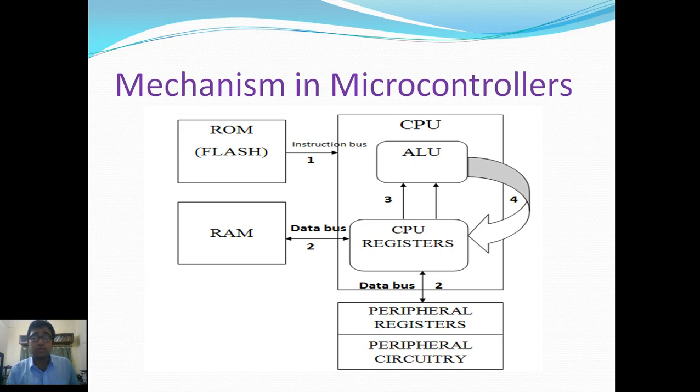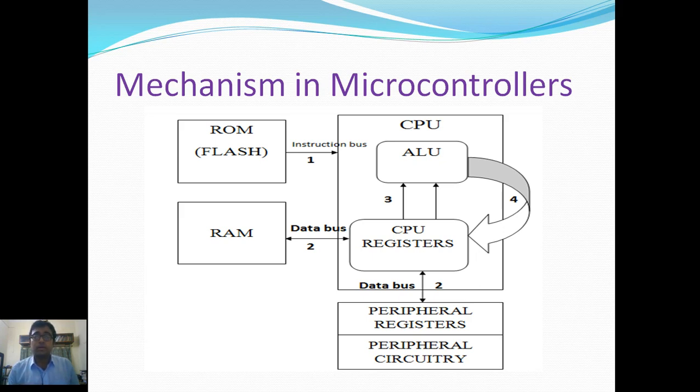It doesn't mean that we always have to use a peripheral device, but if it is required, we connect the CPU register with the peripheral register of the peripheral device through a data bus, and data goes in and out. It is not a single-way data bus. Data goes from the peripheral register to the CPU register, and also from the CPU register to the peripheral register.